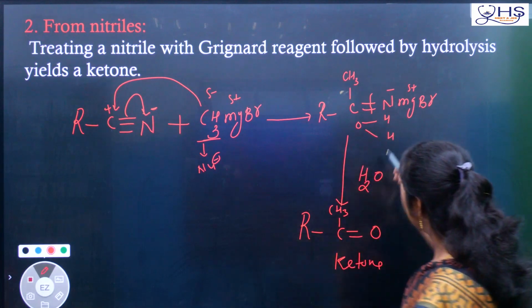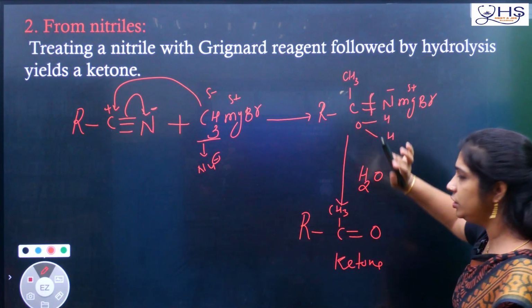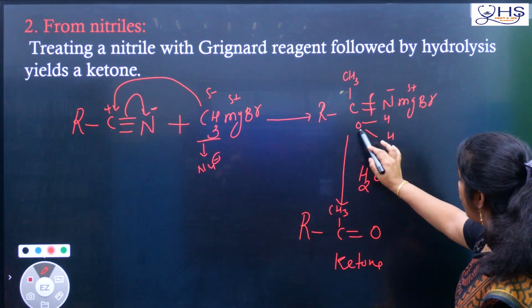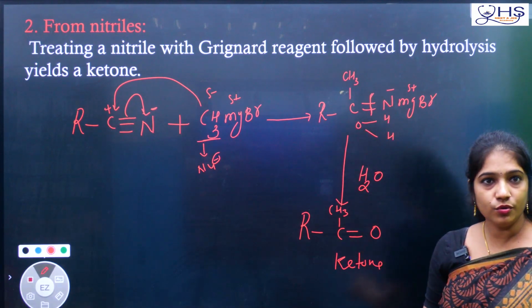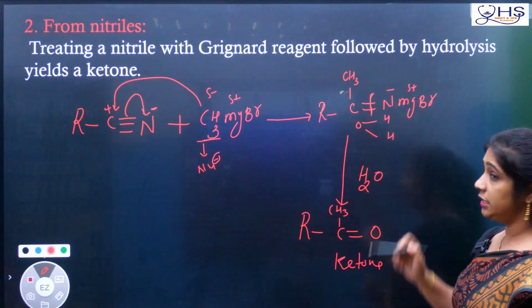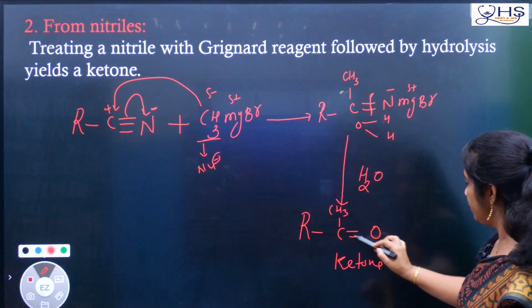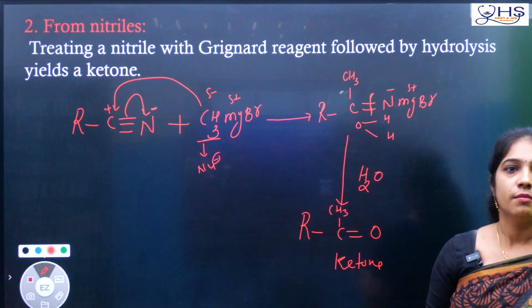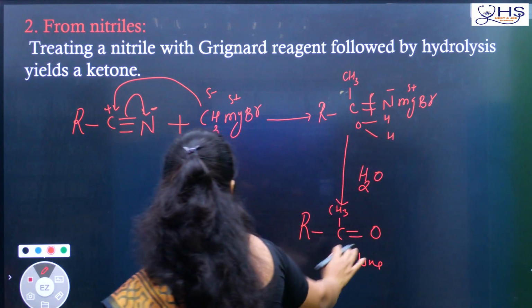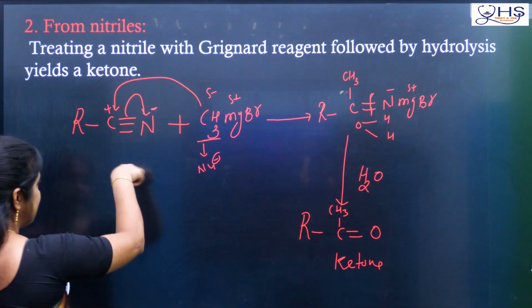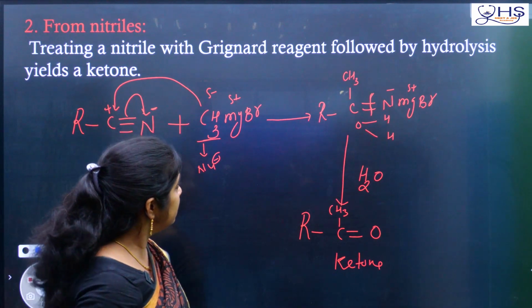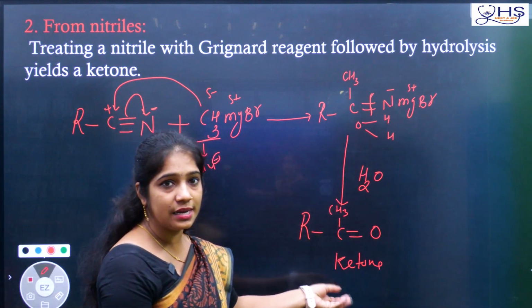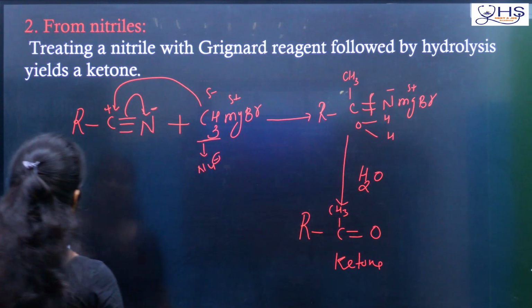Am I clear? Both the bonds we broke, and when we break a bond we have to make a bond also. Now carbon needs to make 2 bonds, so it will make a double bond with oxygen. This hydrogen will go with the nitrogen; we don't need to write the byproduct. So this is our product, a ketone. So when a nitrile is treated with Grignard reagent followed by hydrolysis, we get the ketone. This is the second method.